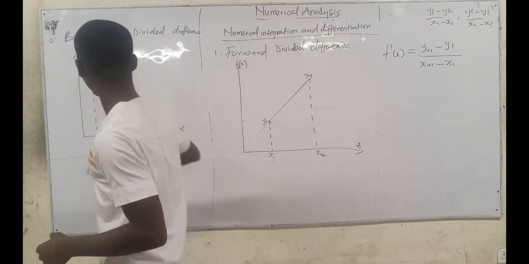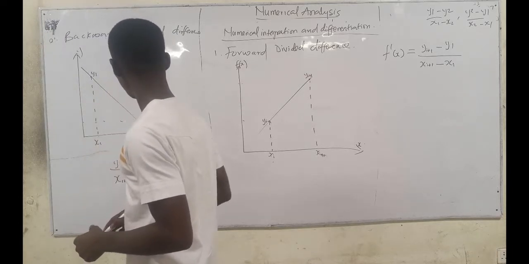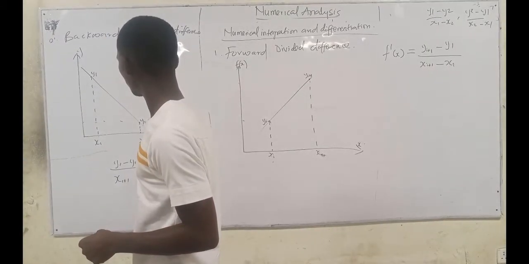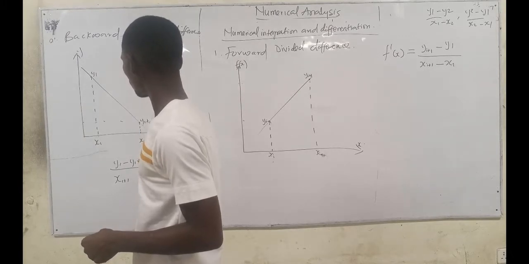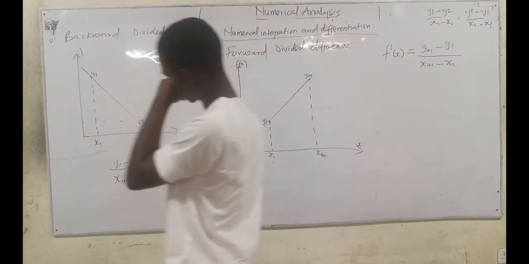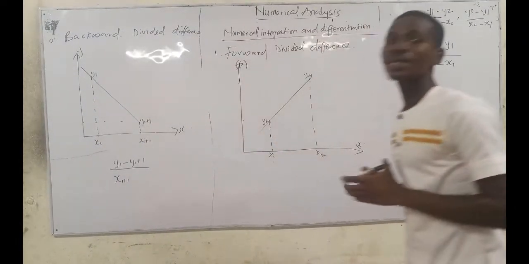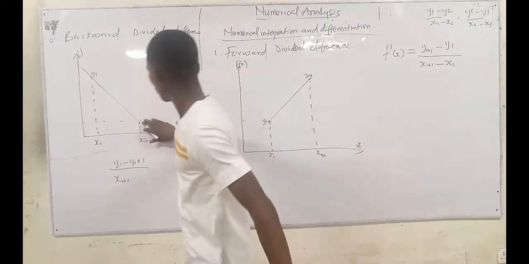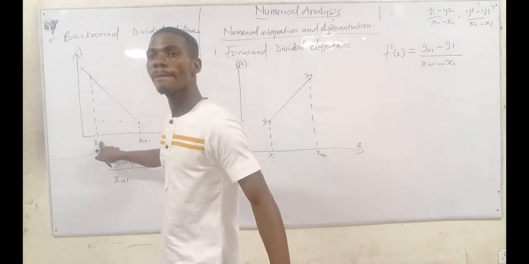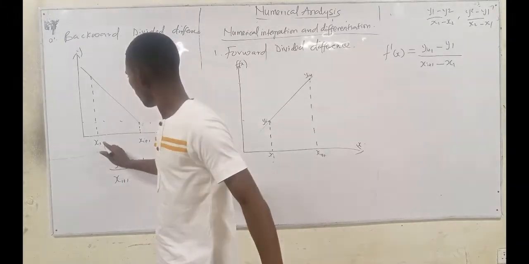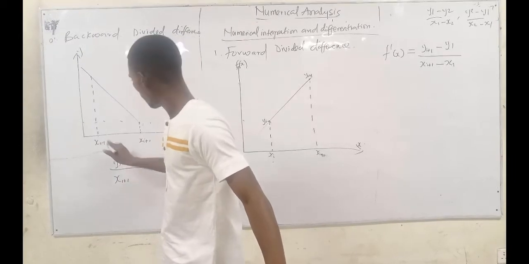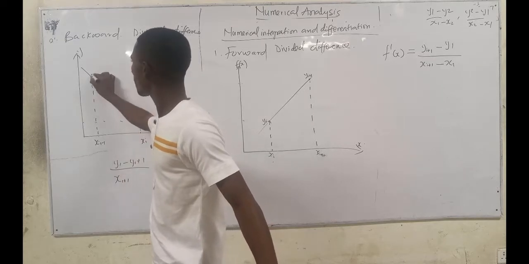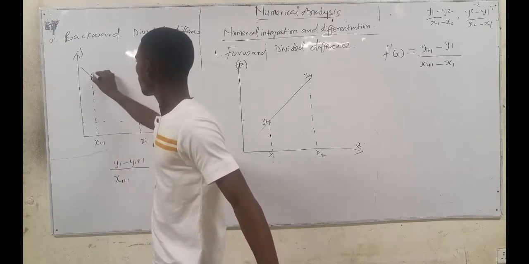So here will be yi, and here will be yi plus 1, right? No. This one is decreasing, then it should be minus. yi minus 1, yi.